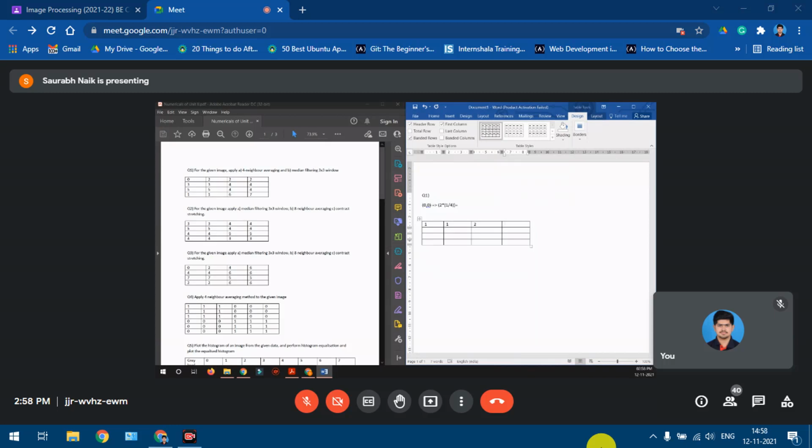That will be 1.2, I think it will come to, so rounded down to 1. So same thing over here, 3, so the neighbors 0 and 5, 0, 5 and 3, that's 8 divided by 5, again 2, and so on. So if you are asked a question for 2 marks for neighborhood averaging or for any kind of smoothing operation, you can directly write this.